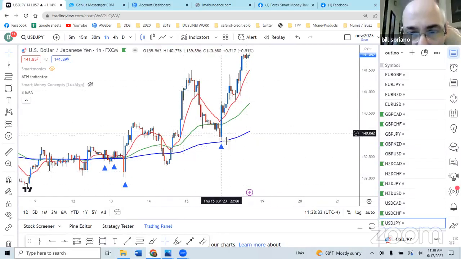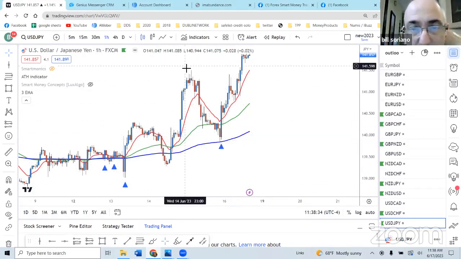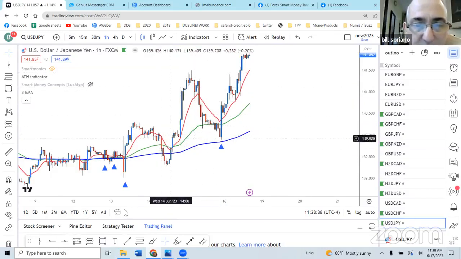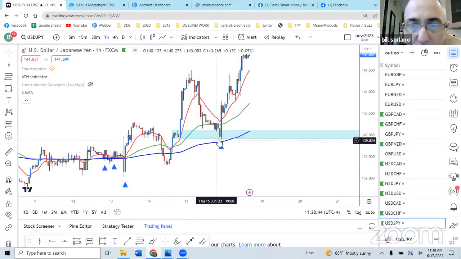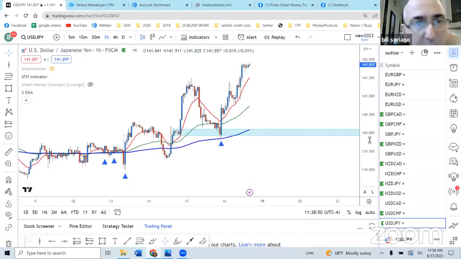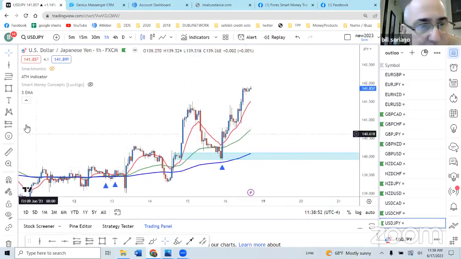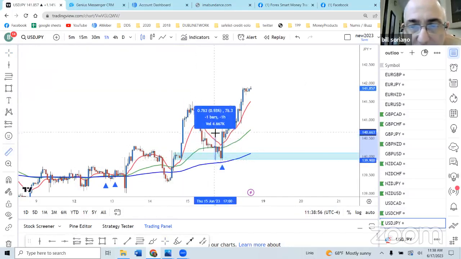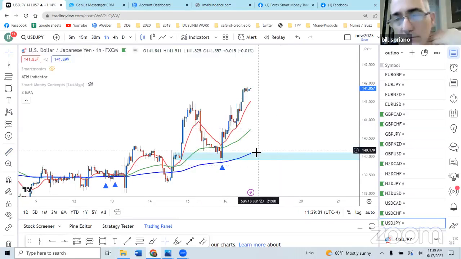Again, another pullback all the way to 62, an even stronger pullback, right? Here's a break of structure. We have a 1 hour liquidity block right here that gets hit. Look at this big ATH candle. Now, we don't normally like to see our candles that big, right? In this case, this is almost a 90 pip candle.